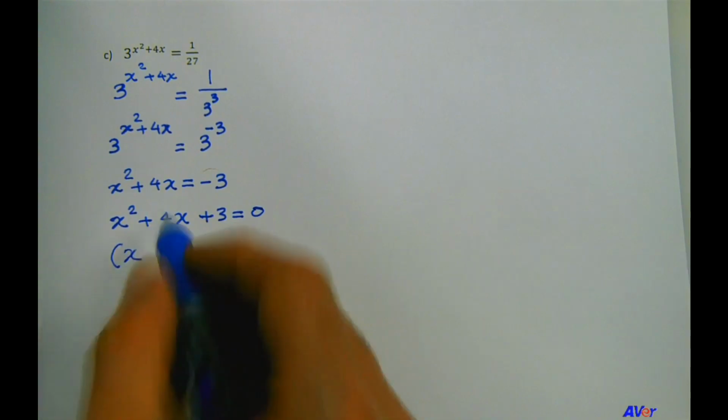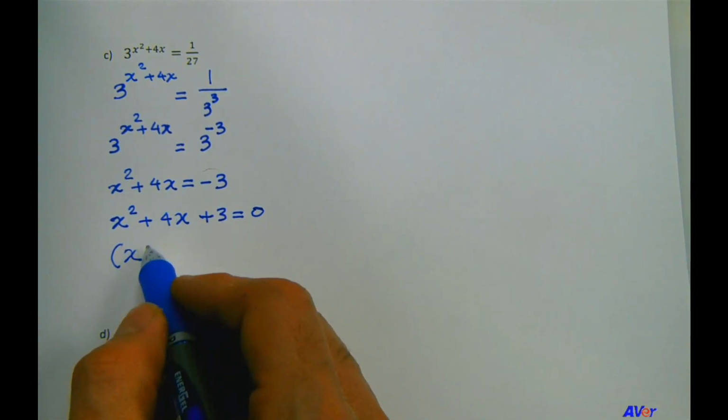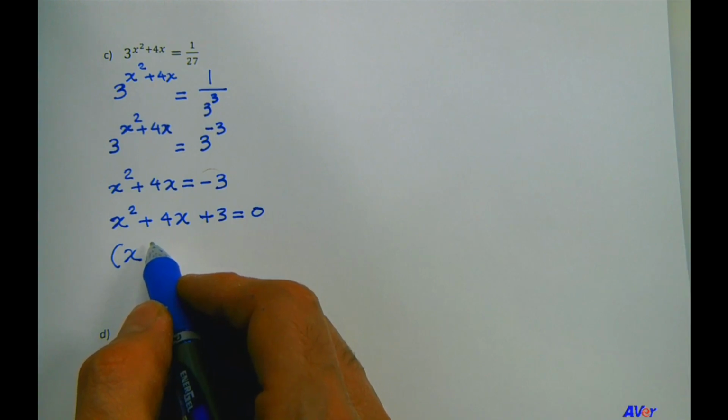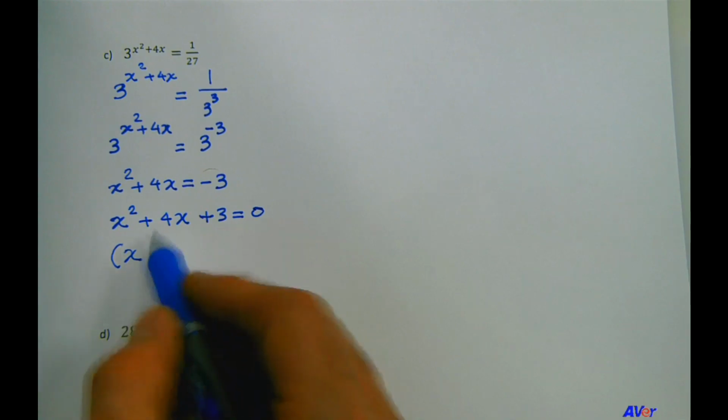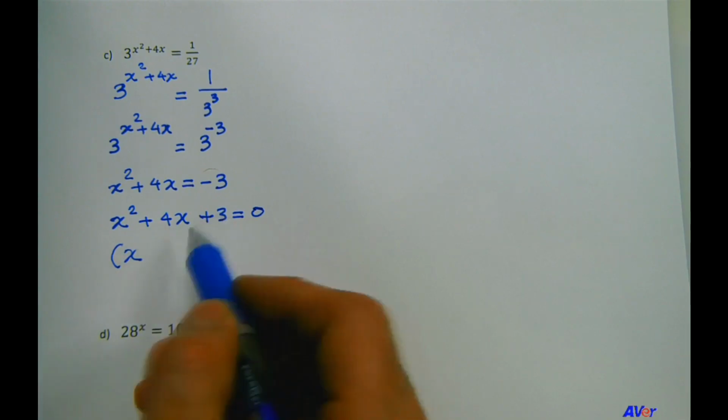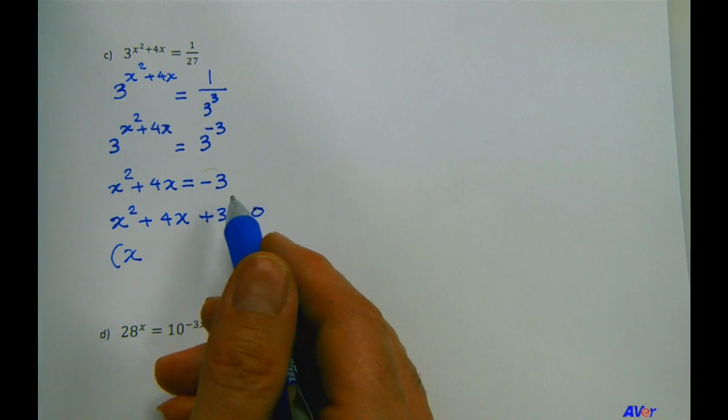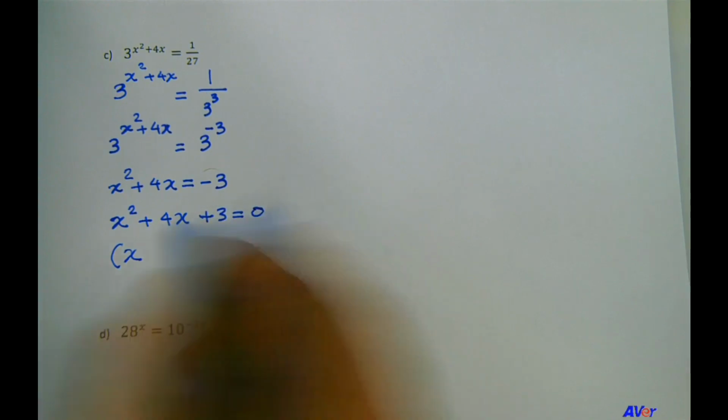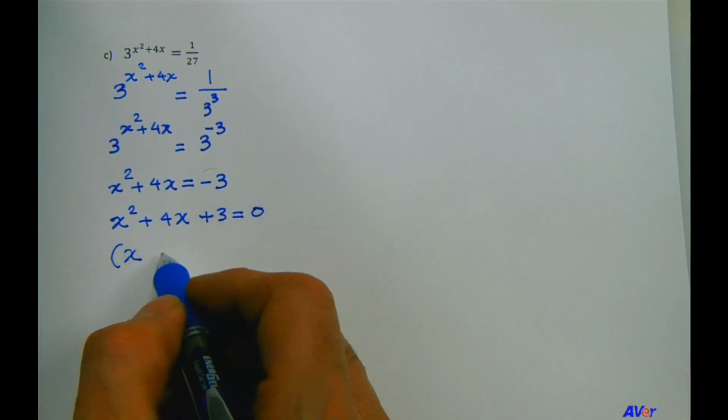Factoring this. If you don't know how to factor, then you must use the quadratic formula. So you must have memorized that quadratic formula. But factoring this is very easy, these are easy numbers, 3 and 4, right? Single digit numbers. So we should be able to easily factor these.